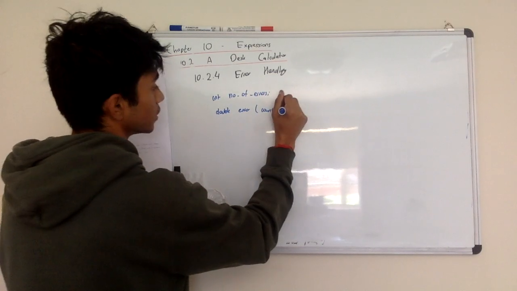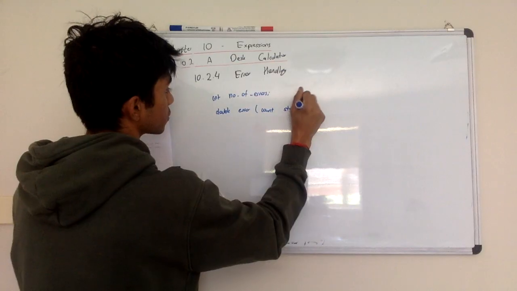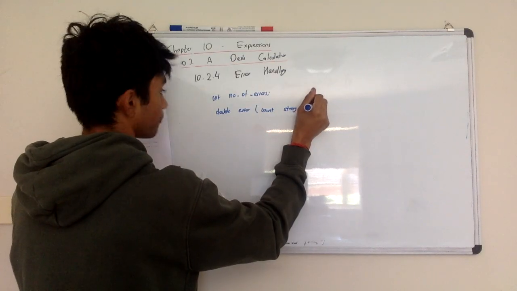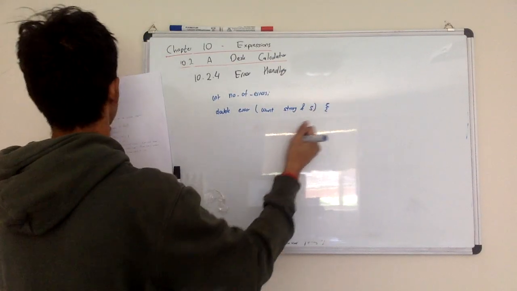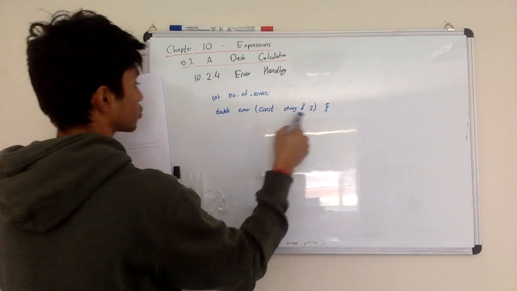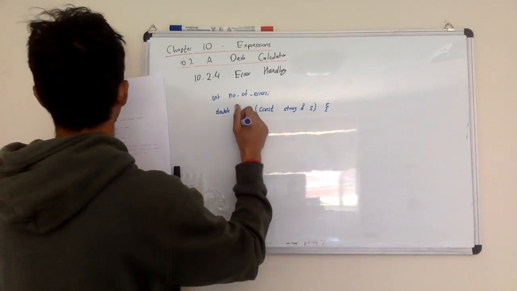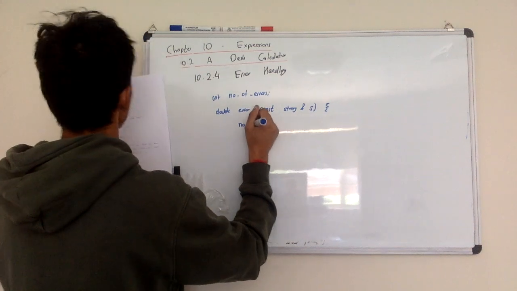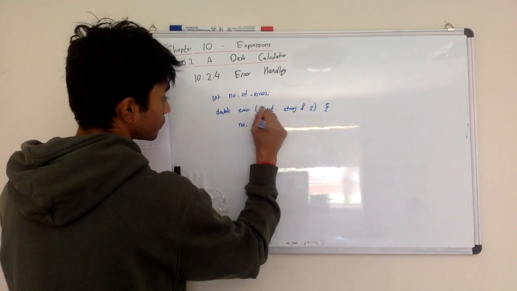Is it double? It takes a reference to a string. That should say const string reference called s.